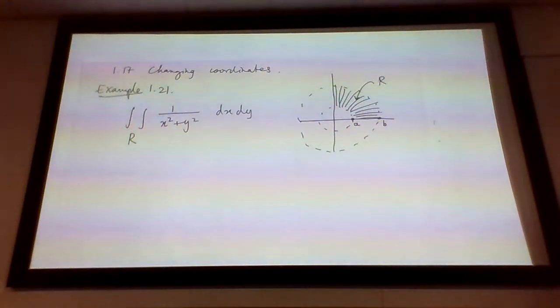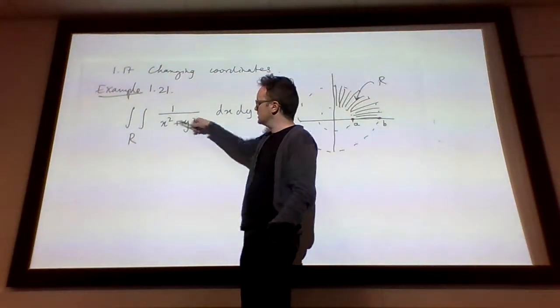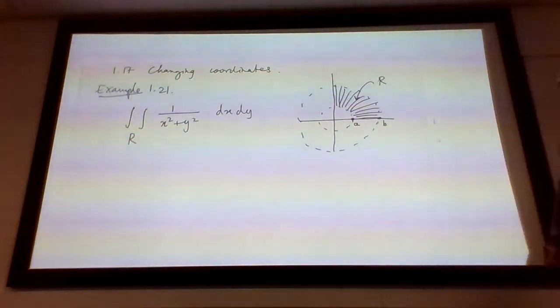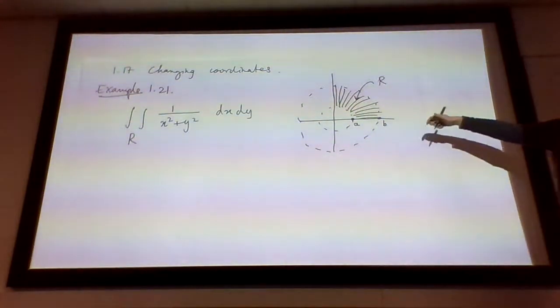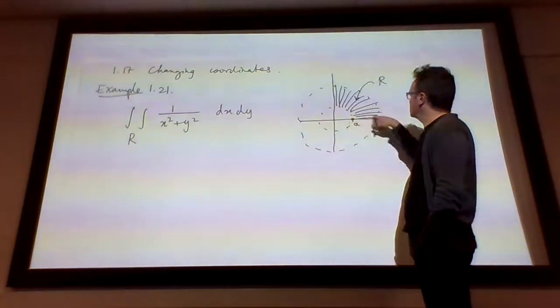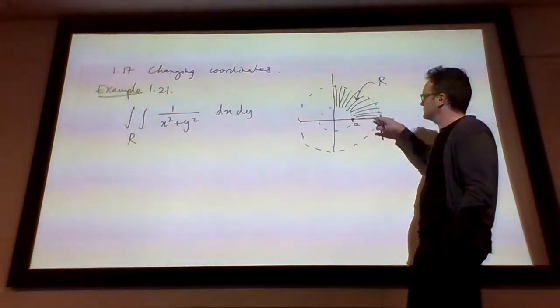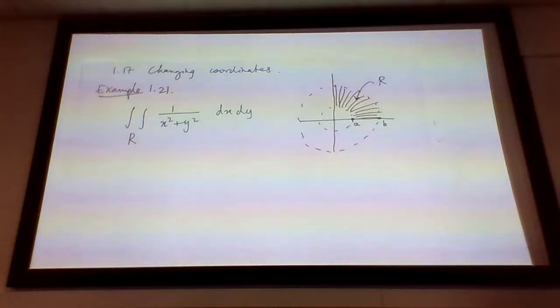So what if you were faced with this example? Integrating this function, 1 over x squared plus y squared, over this region R. This region R is the region bounded by 2 circles, one of radius a, one of radius b. Just 2 circles.